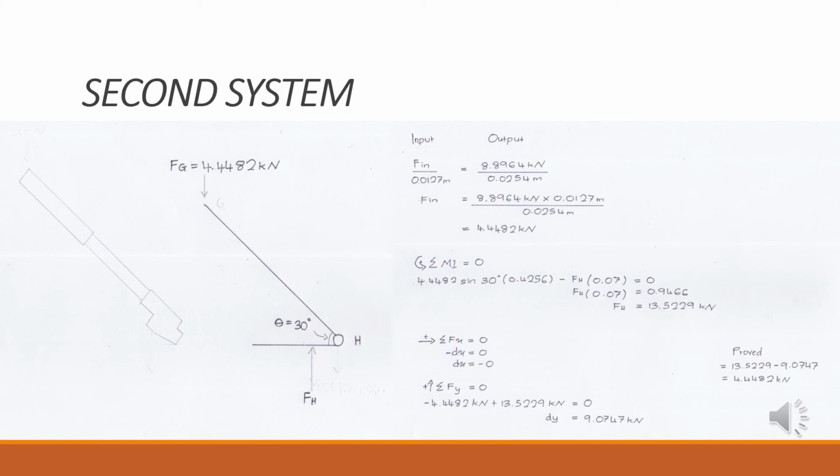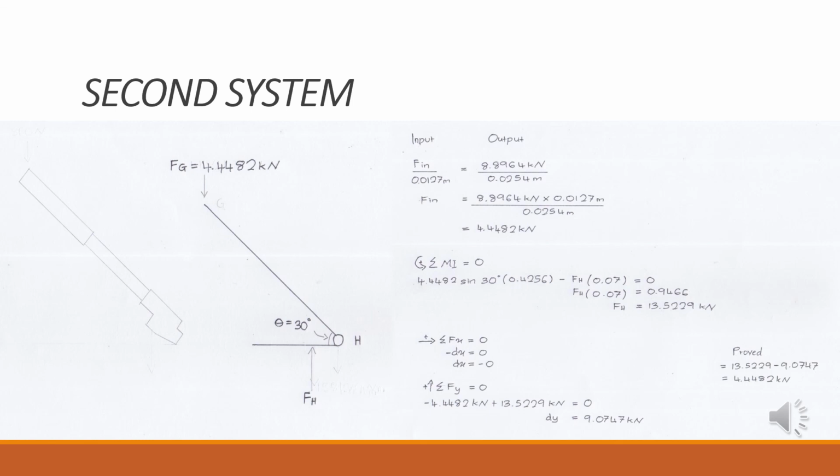Given that the force at D is 8.8964 kN and the channel at H is 0.0127 meter, and then the channel grows to 0.0254 meter at B. I use the formula of fluid input equal to output, which is a formula from fluid mechanics, with force divided by channel size. At last I made the force input the reference and I got the answer 4.4482 kilonewton.